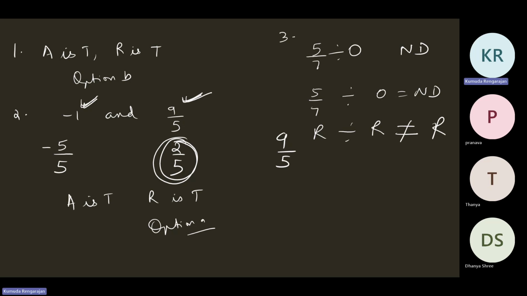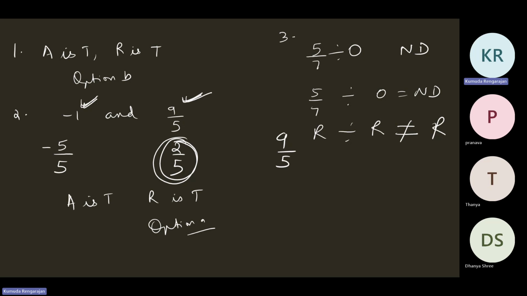You get it, children? Yes, ma'am. For rational numbers A by B and C by D, A by B divided by C by D is always a rational number. You can understand this in two ways.